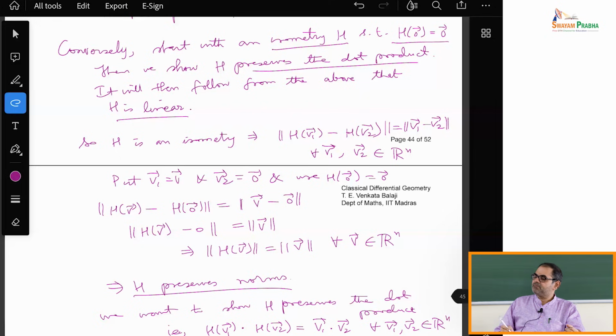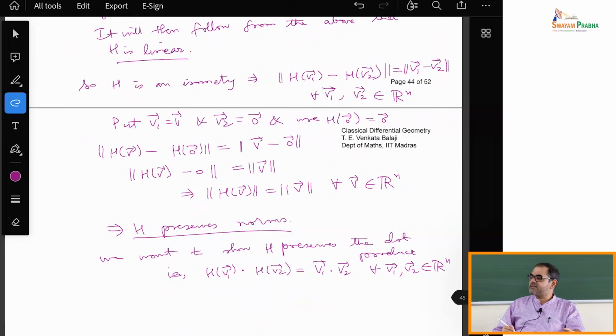You want to show this. So the key is, again, you use the fact that H is an isometry and H preserves norms. So since H is an isometry, norm of HV1 minus HV2 is equal to norm of V1 minus V2.